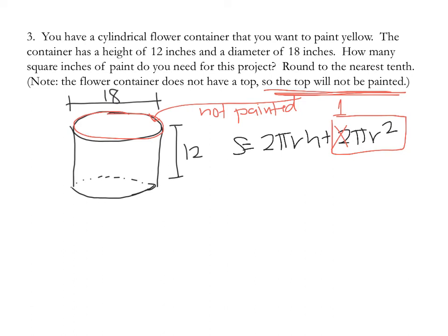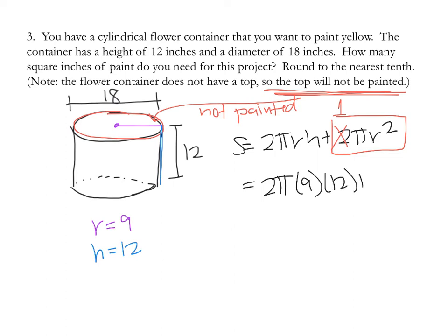And then we can just answer the question like we did before. We're going to fill in the formula. The radius is 9, and the height is that line connecting them. The height was 12. So we're going to plug that into the formula. 2 pi times 9 times 12 plus, we're just making this a 1, pi times 9 squared.